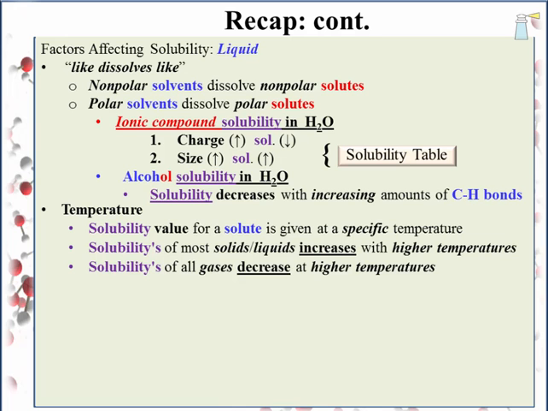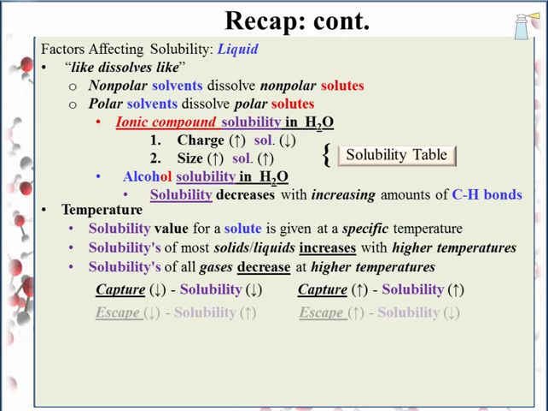We use the perspective of gas particles being captured by or escaping from the solution as a means of explaining the temperature and pressure dependence on solubility. Factors that inhibit capture decrease solubility, while factors that promote capture increase solubility. Factors that inhibit escape of gas particles increase solubility, and factors that promote escape reduce solubility.